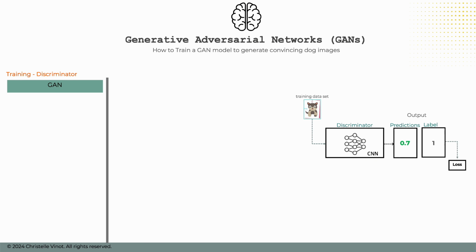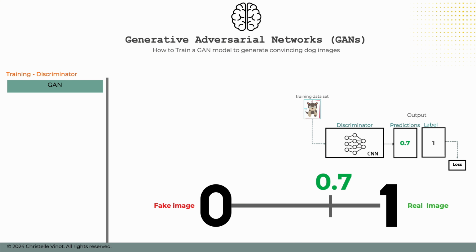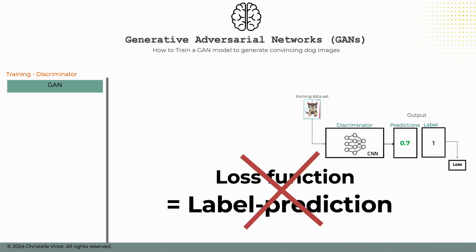After the prediction, the algorithm steps in and calculates the error using something called a loss function. The loss function essentially measures how far the prediction from the discriminator is from the correct label. A value of 0.7 isn't too far from 1, so the loss is minimal in this case. Note that this is not simply a matter of subtracting 1 minus 0.7. The loss function uses a more complex calculation to measure the error.